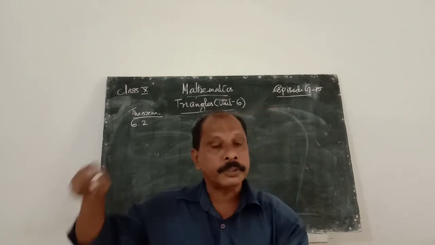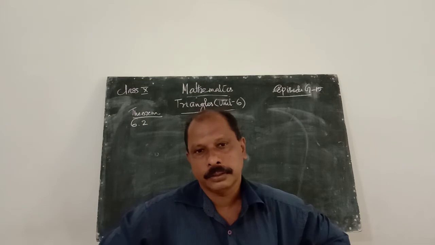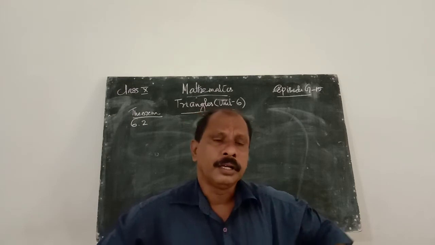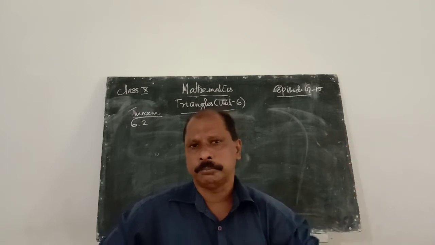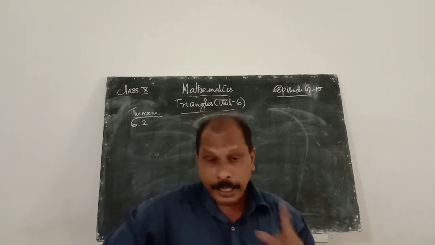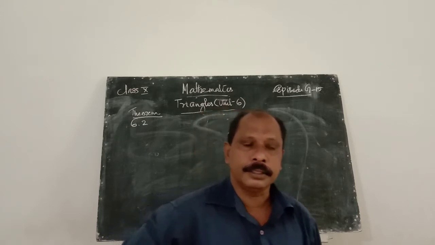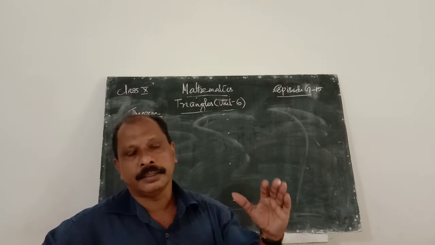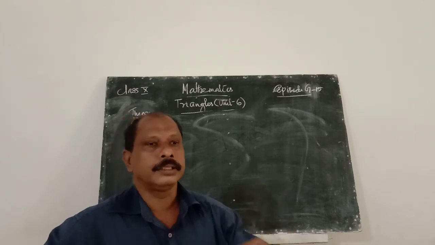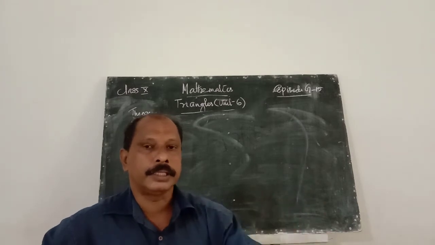The converse of these two is what? Converse means the statement is DE parallel to BC, then prove that AD by BD is equal to AE by CE. That is the first theorem, the basic proportionality theorem. That means given that DE is parallel to BC, prove that AD by BD is equal to AE by CE.